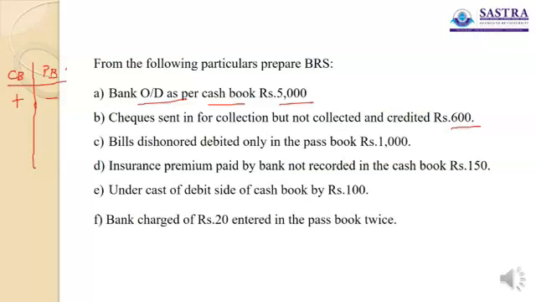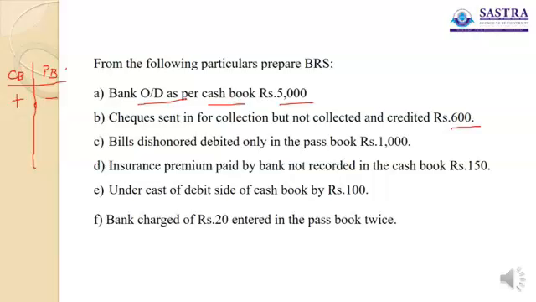Bills dishonored, debited only in the passbook. See, this is a receivable transaction, might have been received from the debtor in the name of a bill, and the bill would have been received earlier, but now it became matured and was remitted to our bank account.